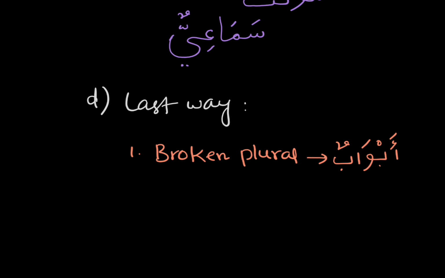We will study this in numbers, the third characteristic of a noun, where we will study what broken plurals and solid plurals are. As of now, broken plurals are also grouped under feminine nouns.